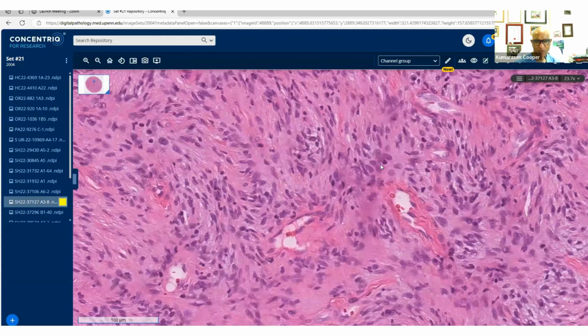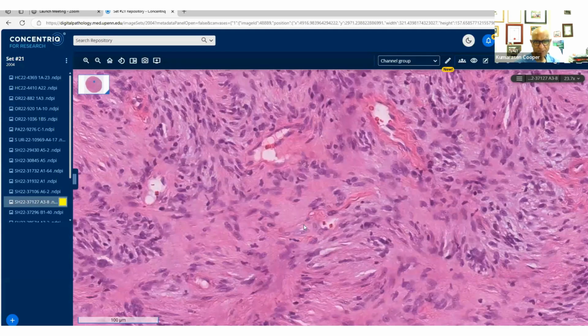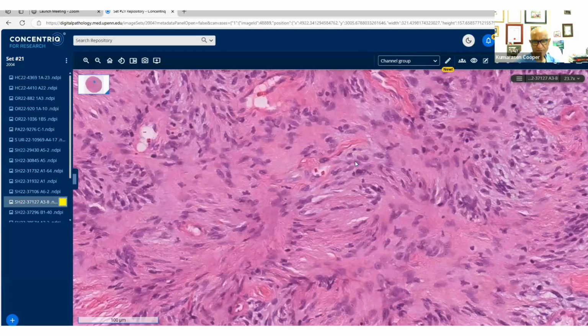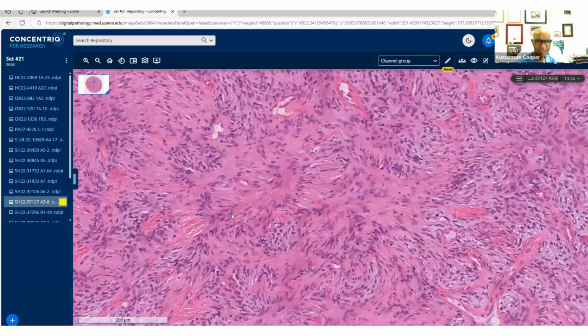Spindle cells are very uniform. Some of the vessels look a little hyalinized. And there are these sclerosing areas. And some of these vaguely look whirling, with a whirling pattern. Some of them may look a little palisading.